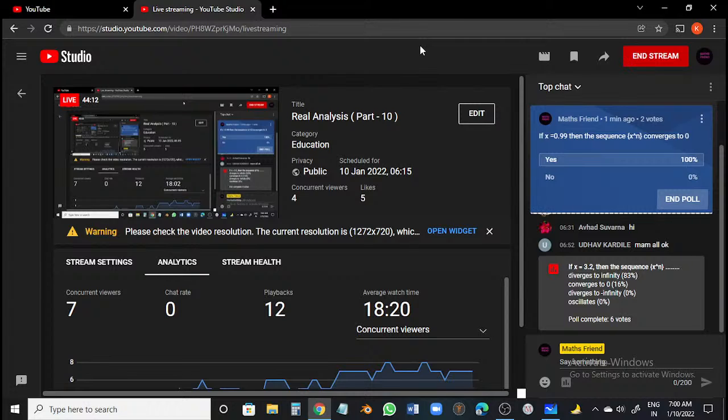Be fast. The value of x is given to be 0.99 and we are taking the sequence of the powers of x. Will the sequence converge? Will it converge to 0?